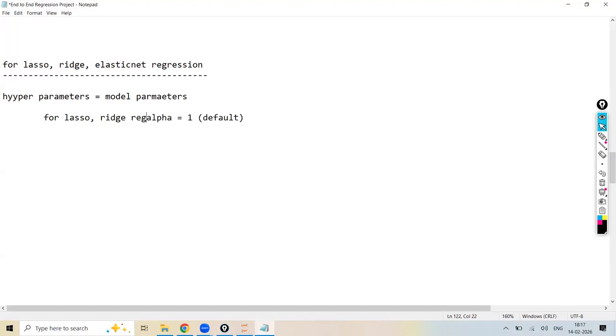For alpha, for lasso and ridge regression, alpha is equal to 1 by default. For elastic net regression, alpha is equal to 1 and lambda is equal to 0.5, by default.